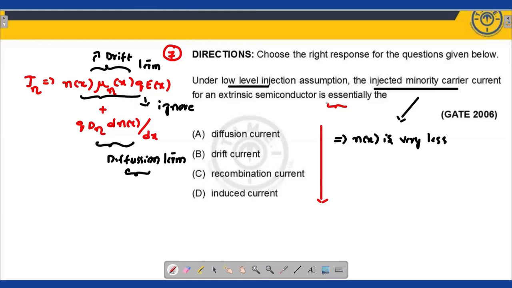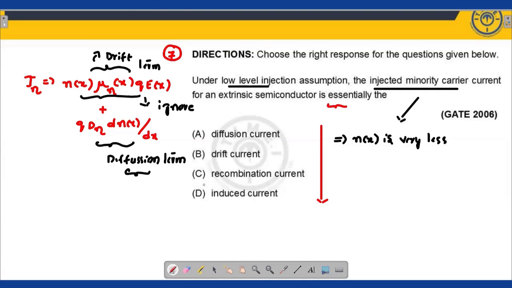Diffusion. So here, the injected minority current for an extrinsic semiconductor is because of the diffusion. Diffusion is nothing but, my dear friends, the movement of the concentration of the charge carriers from the high concentration region to the low concentration region. Okay, this is what, my dear friends, over here.